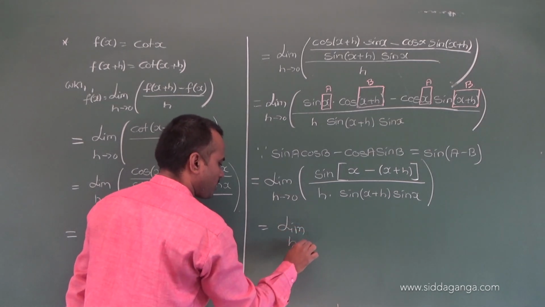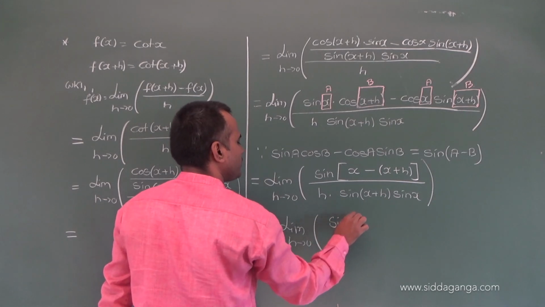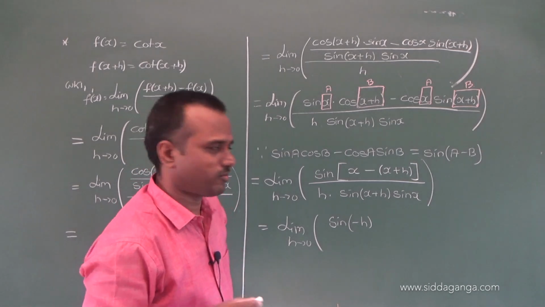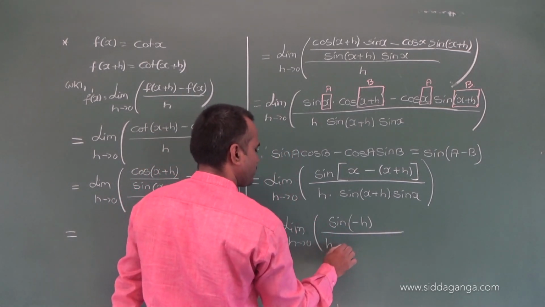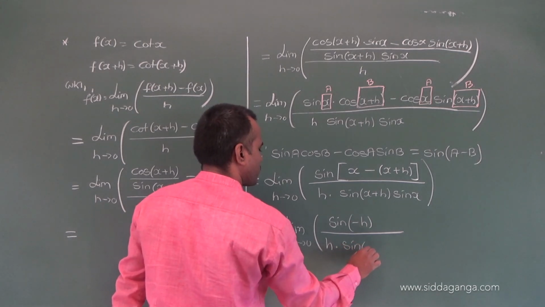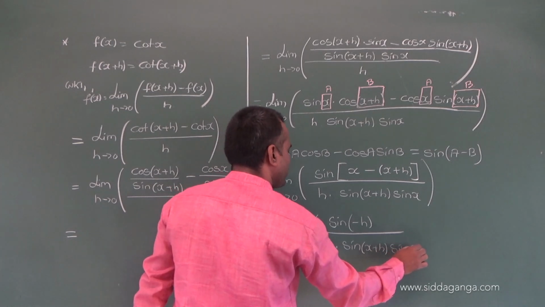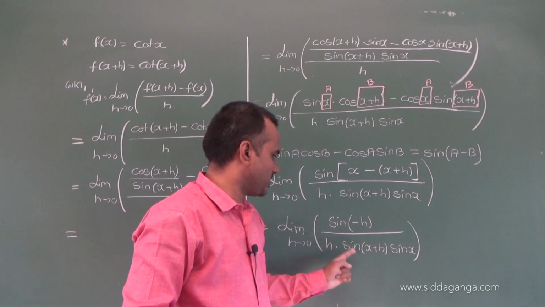Limit h tends to 0, sin of minus h, correct? Sin of minus h divided by h into sin(x plus h) into sin x.